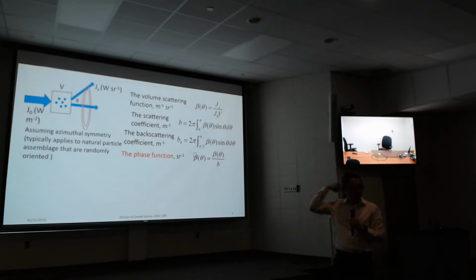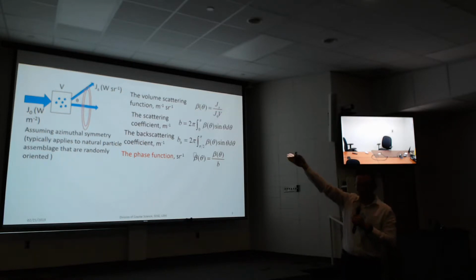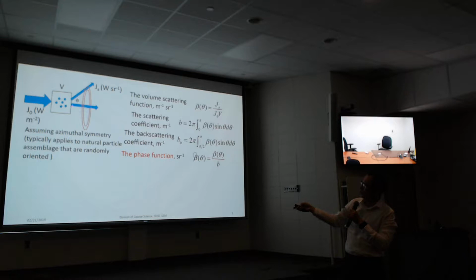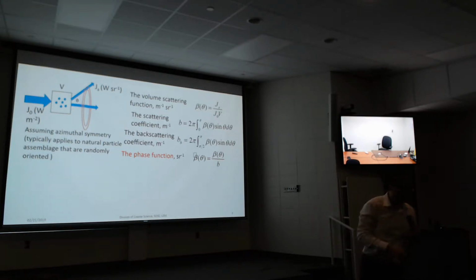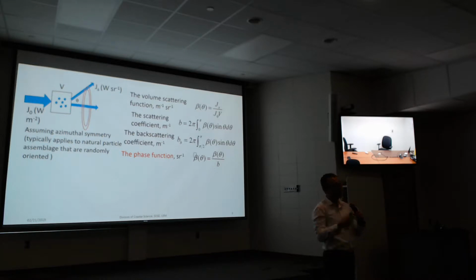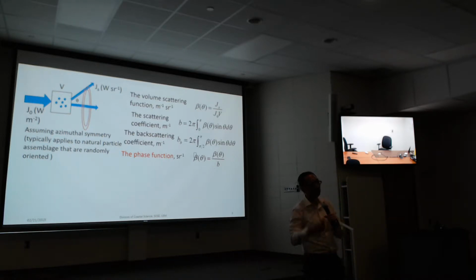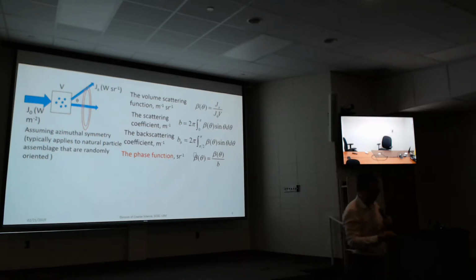If light is coming from behind me, and I'm a particle, then this is one scattering direction, and all around it you see the same angle with the forward direction, all the same. This is typically true when we deal with natural particles, which are randomly oriented.